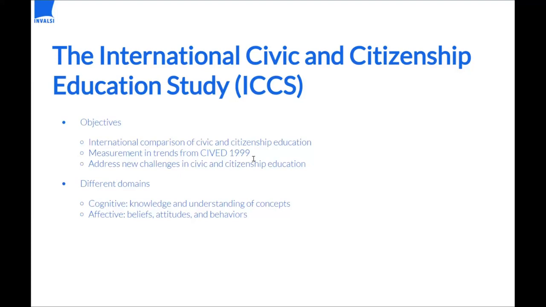The idea is also to address new challenges in civic and citizenship education. If you observe the frameworks of the different cycles, you will see that they try to adapt to new challenges that we are facing in society.